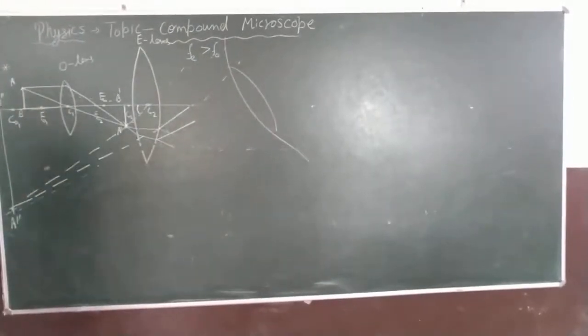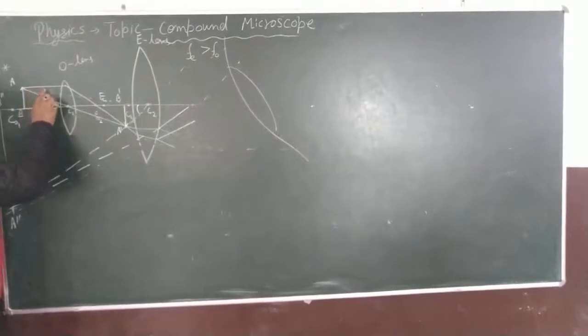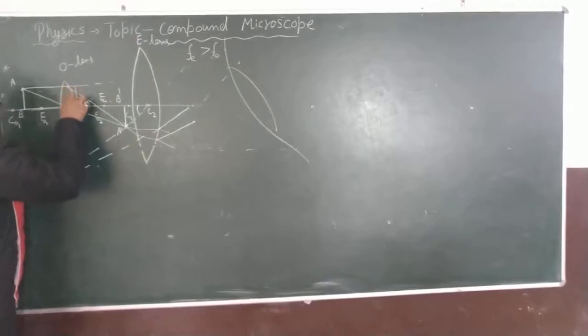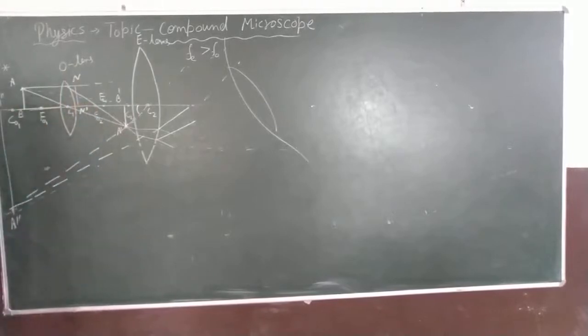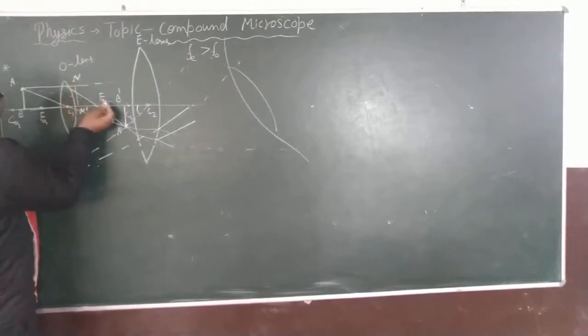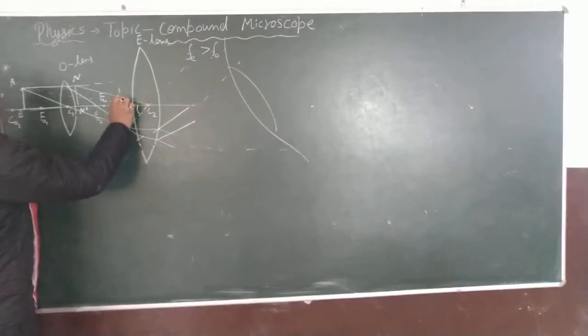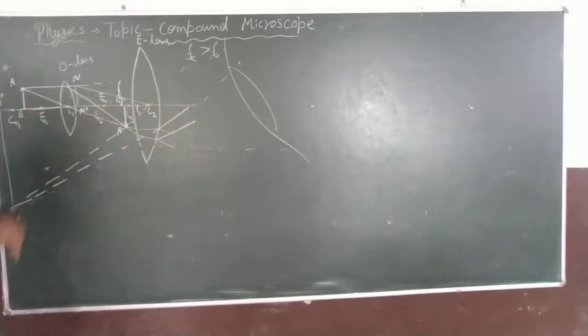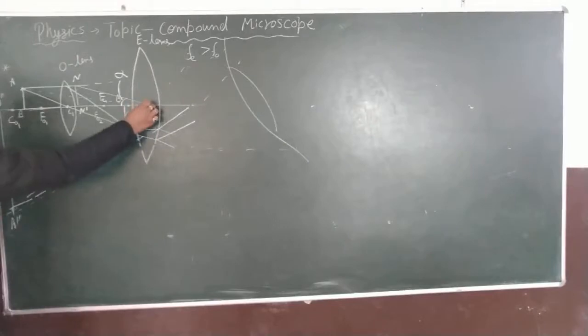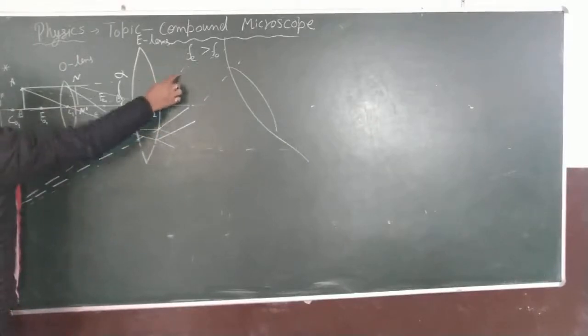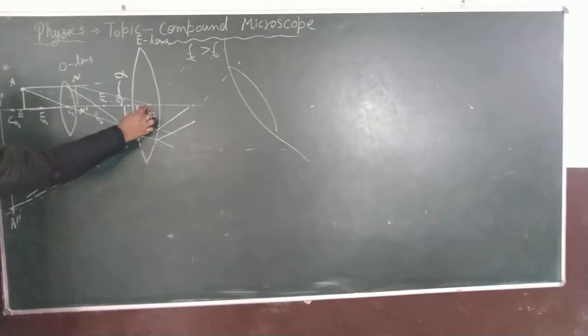Now, if we increase or extend the incident ray, let this be an index equal to the size of the object. This is the angle formed by the object on the eye, called alpha, and this is a ray traveling from the object through the center of curvature.